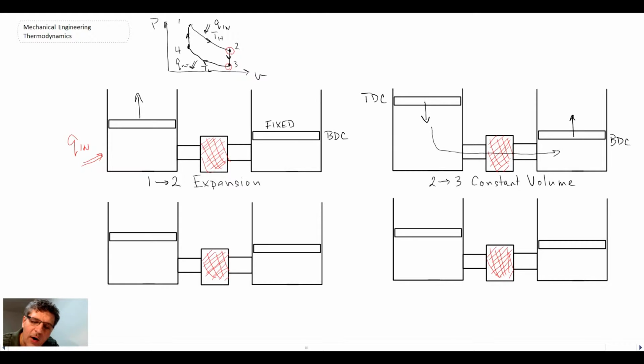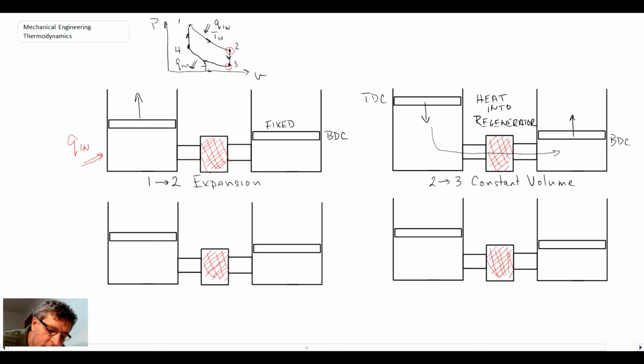So it will be depositing thermal energy into the regenerator as it goes through. So that is step 2 through 3. And we can note here, heat into regenerator. So that's 2 through 3.